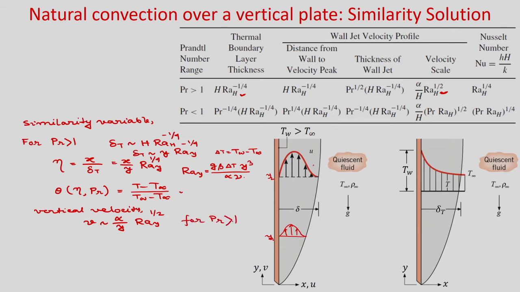So, we can write the velocity scale v equal to alpha by y Rayleigh number Ra_y to the power half into some constant, let us say capital F, which is a function of eta and Prandtl number. This is your dimensionless similarity profile of the wall jet. This scale we can use, and now we can find the value of psi from this expression.